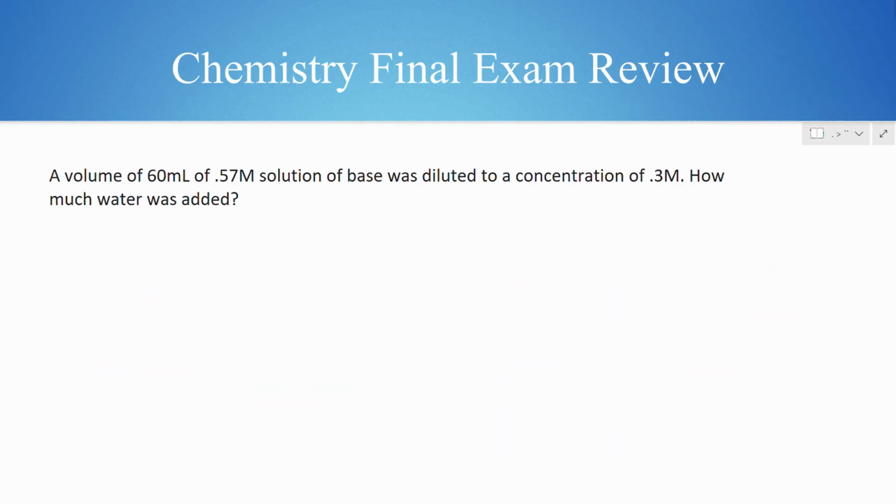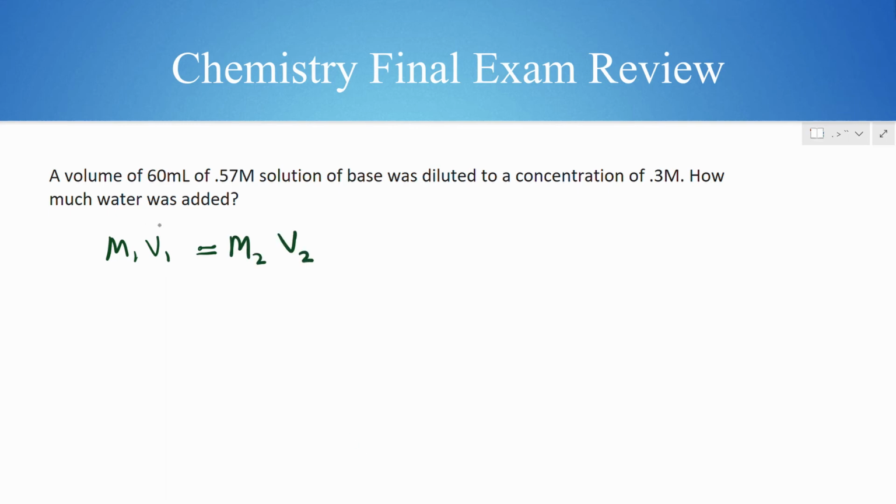A volume of 60 mL of 0.57 M solution of base was diluted to a concentration of 0.3 M. How much water was added? So this is a dilution problem. And remember, for this one, we use this equation, M1 times V1 is equal to M2 times V2.